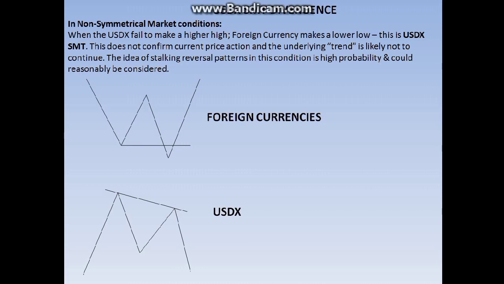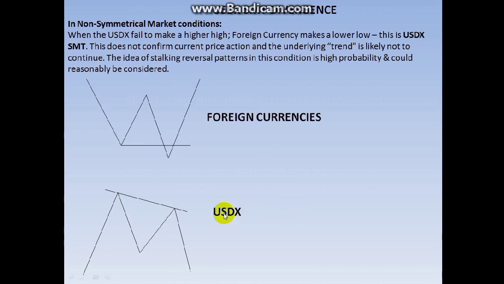This is smart money divergence. This does not confirm current price action, and the underlying trend is likely not to continue. So the idea of stalking reversal patterns in this condition is high probability and could reasonably be considered.